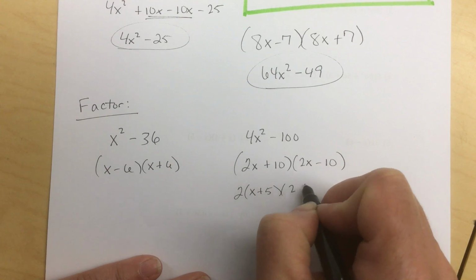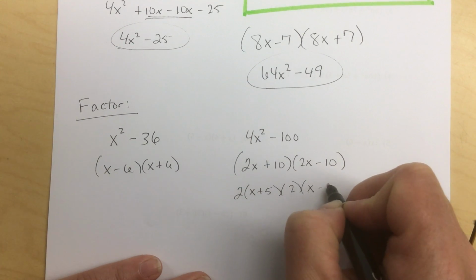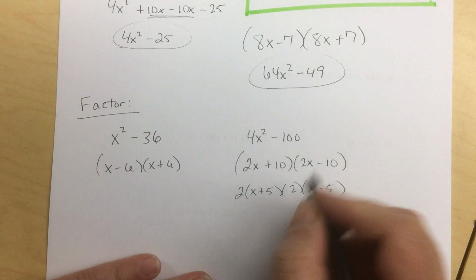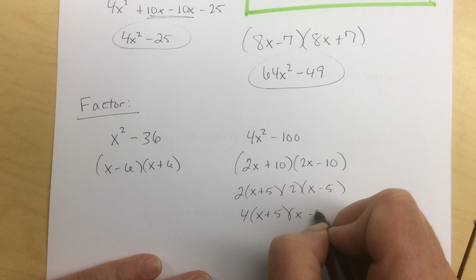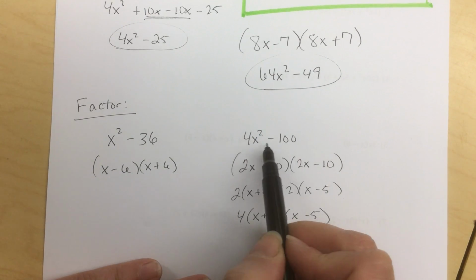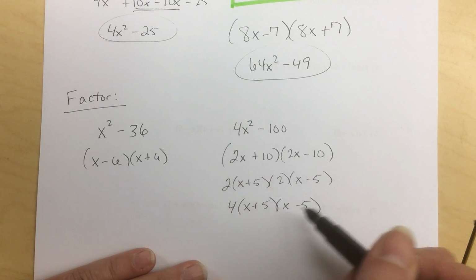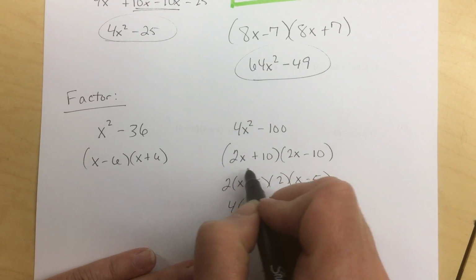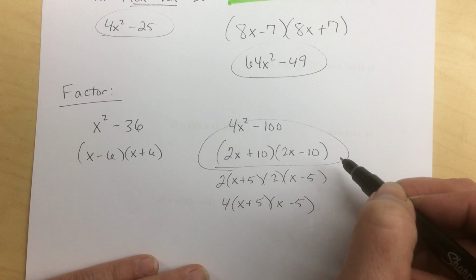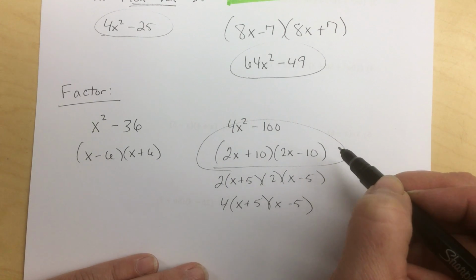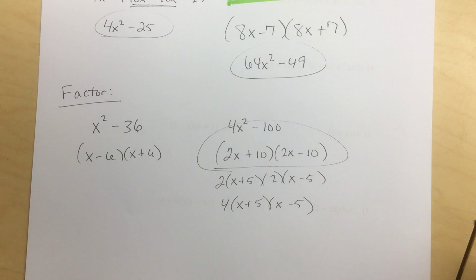This is a little bit extra. The 2 times the 2 is a 4, and it actually would be easier to factor a 4 out at the beginning because 4 goes into 100. The main thing today was to get you to see this pattern, but if you were told to factor completely, this would not get you full credit. Okay, so just keep that in mind.